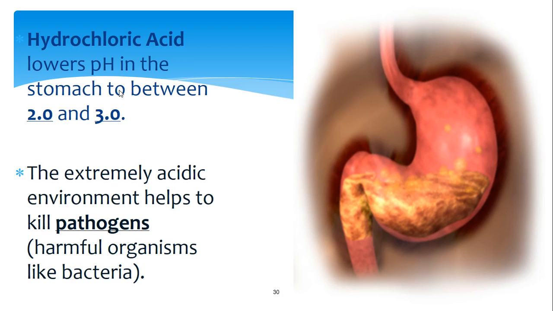It's any harmful organism. Okay, pathogen actually means a bringer of misery. So a pathogen is any organism that's going to cause you to get sick. So viruses, bacteria, fungi, any type of parasitic organism like worms and that sort of thing. So when this stuff hits your stomach, it's the job of the acid to try and kill that stuff.